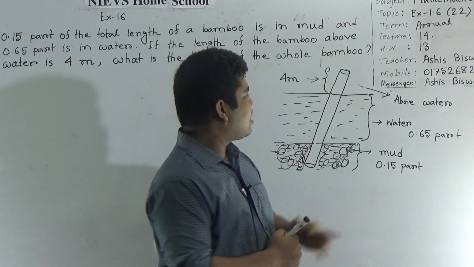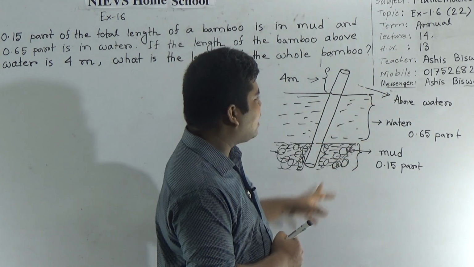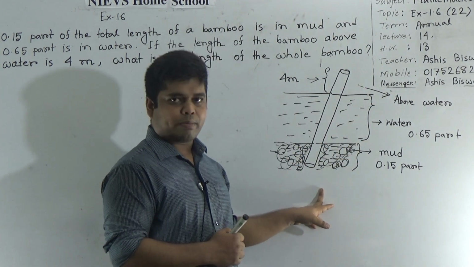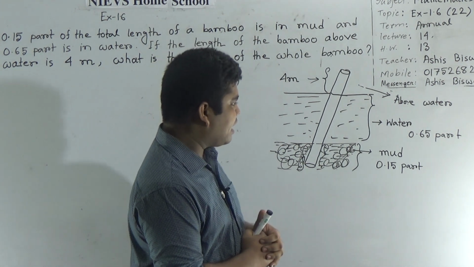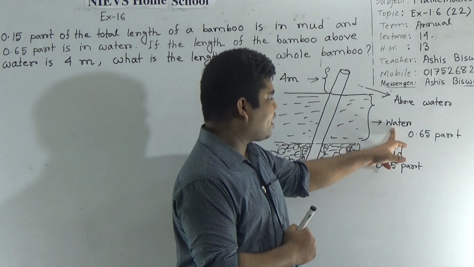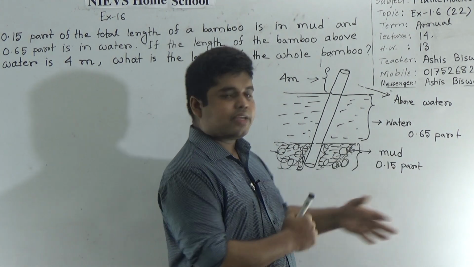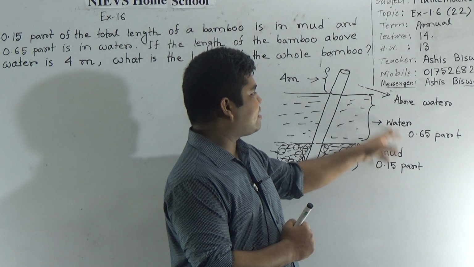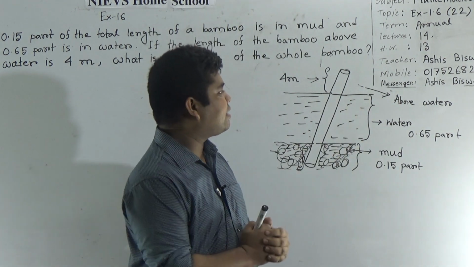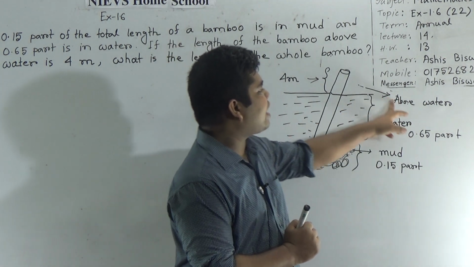My dear students, we consider first the total length of the bamboo is 1 part. Then we add the part which is in water and which is in mud. After that we get a result. Then we subtract that result from 1 and we get the amount of portion above water.